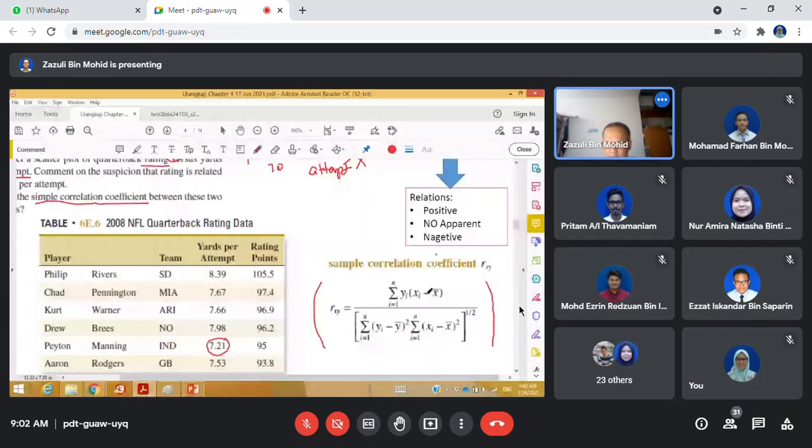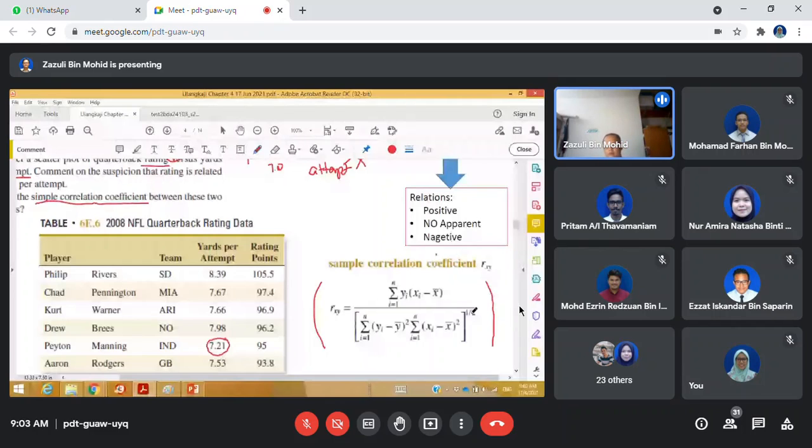Okay, and then you have to calculate the y minus y mean squared times the accumulation of x minus x mean squared. Okay, all of it you take the square root of, and then you can calculate.